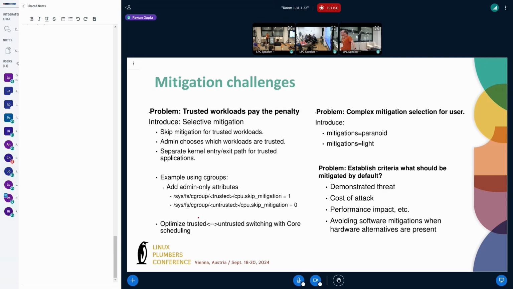Anything that can run untrusted code on behalf of an attacker should not be trusted at all. Yeah, and is it possible to set it up so that only the browser gets the mitigations? For example, the compiler doesn't need mitigations because the user is compiling his own code.